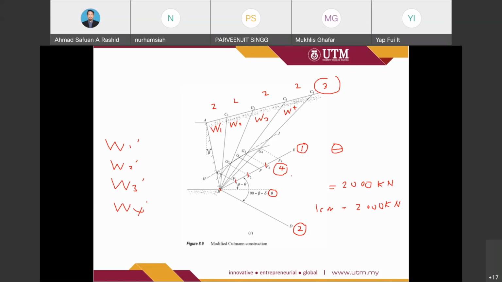So that is for step number 4 in the diagram.